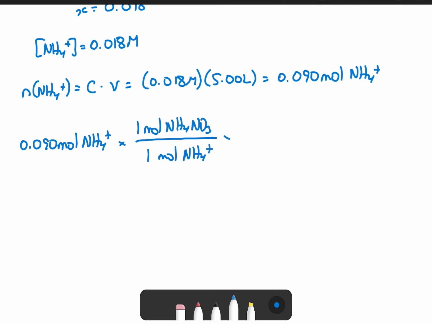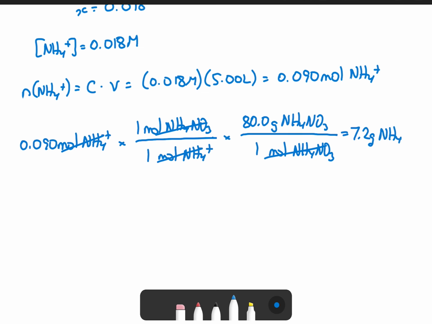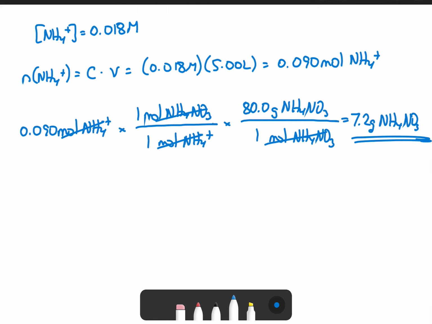And working this out, moles NH4+ cancel, moles NH4NO3 cancel. This will work out to 7.2 grams of NH4NO3 that would be needed to dissolve in this 5-liter flask to yield a pOH of 8.50.